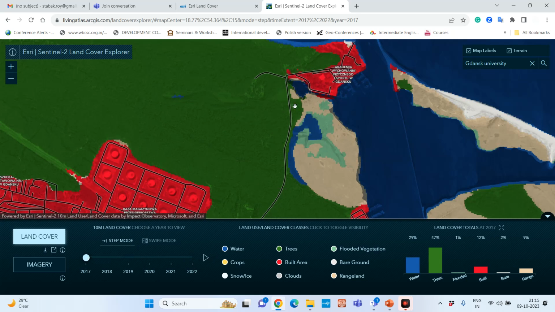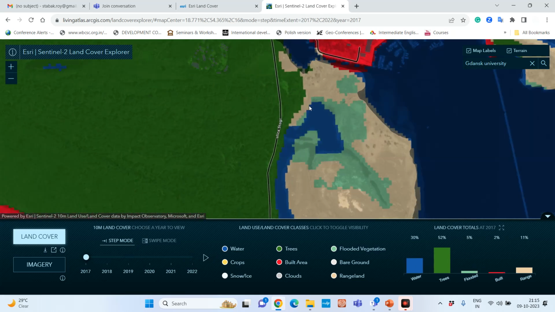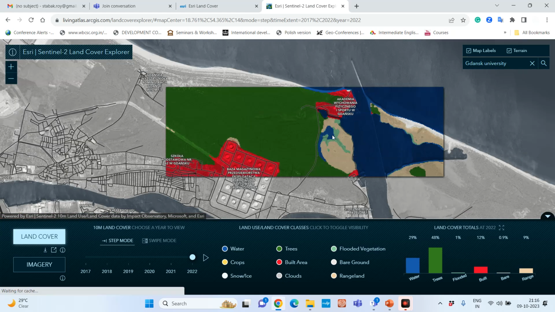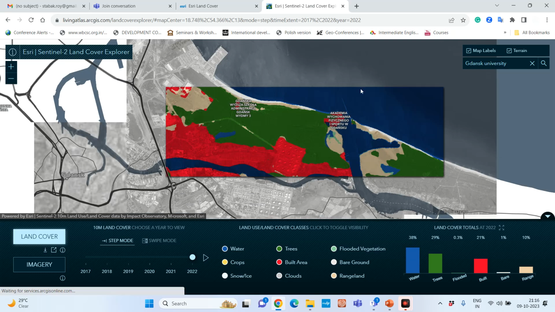I will just show you one thing. If you zoom in, earlier there was a much larger water body, but nowadays the water body has been reduced here, and they try to drag it to that side, I don't know, and what's the exact depth and all. Even that you can calculate from that particular source.